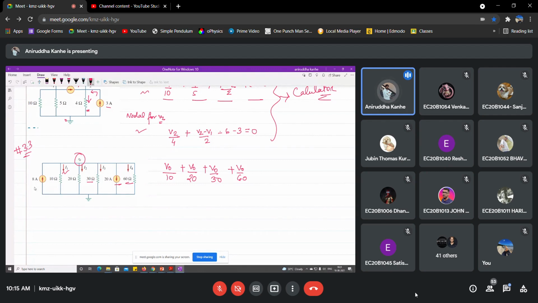And then these two current sources are given. So I'll start with 8 amperes, which is inward, so inward current will be negative. And this 20 amperes is outward, so hence it will be positive. Is that okay? So only one unknown is there, V0, and you have only one linear equation. So again, with simple algebra here and there, you can solve this equation and end up with the correct answer for V0. Is that okay?